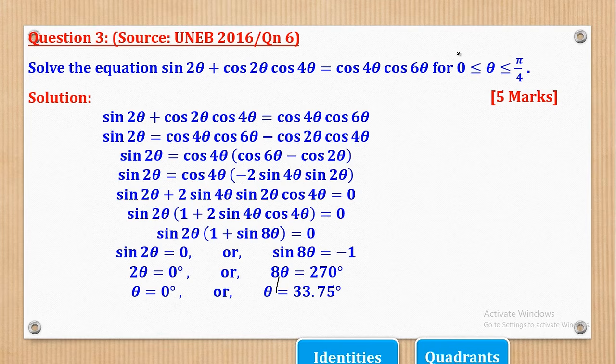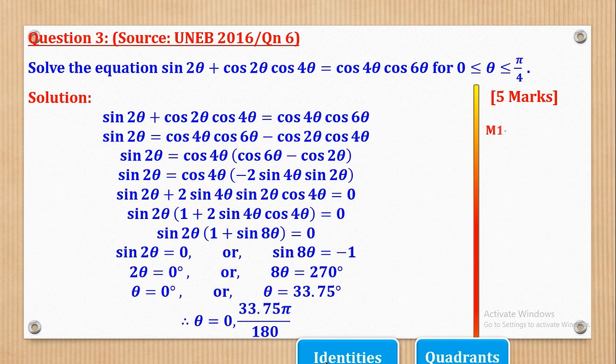But remember, the range was in radians, so we have to convert these ones to radians. Therefore we shall come and say that theta is equal to 0 rad and 33.75 pi over 180 rad. So basically that's what they wanted.